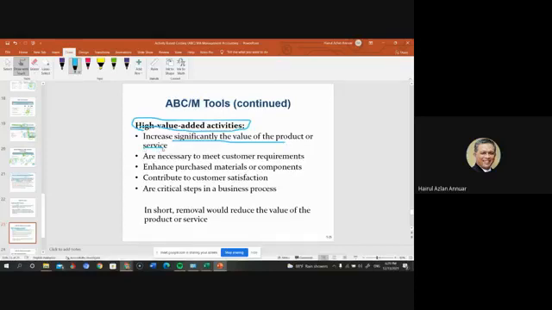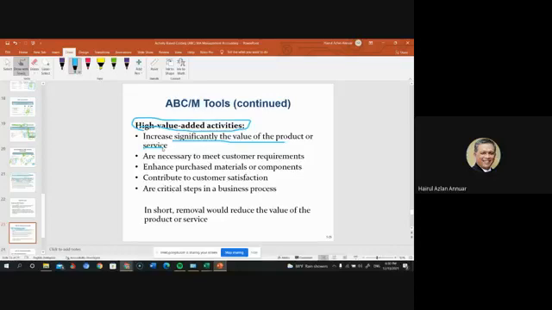Let's say, for example, in our example just now, the engineers, when they work on the product, do research and R&D. They look into the design. They look into the life cycle of the product. So they look at many aspects of the product. So engineering is actually a value-added activity.